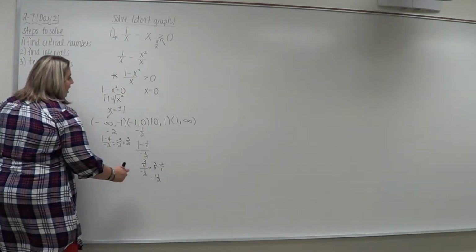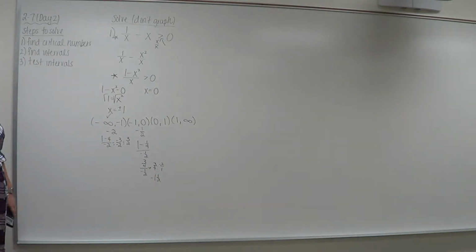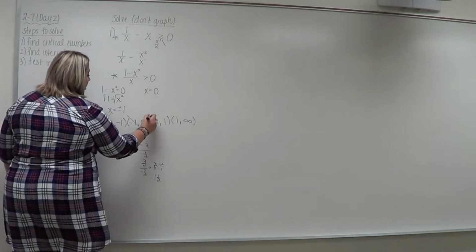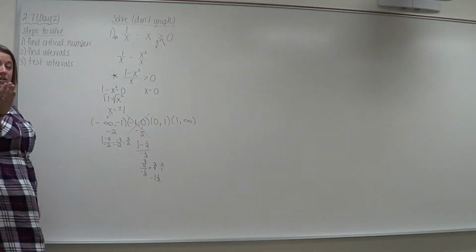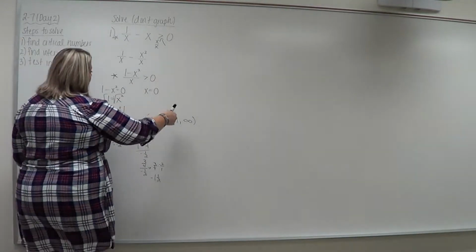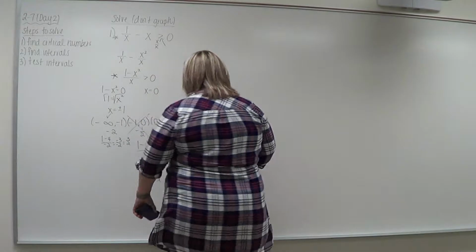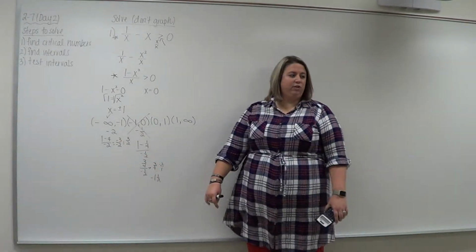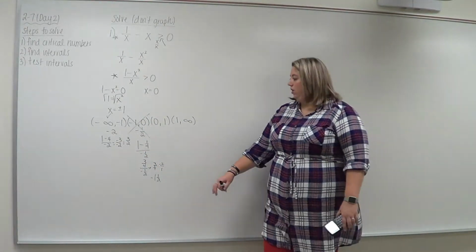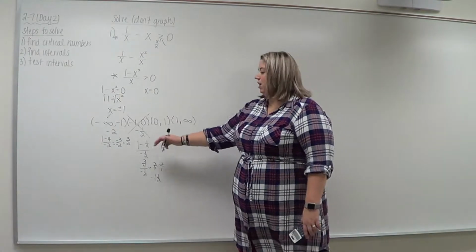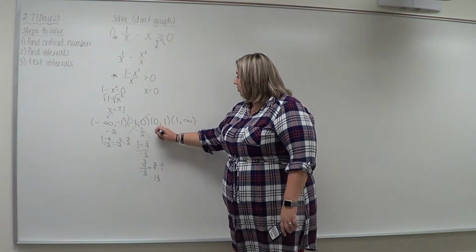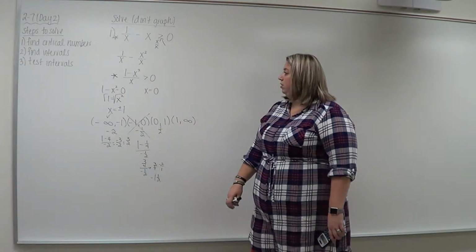Is negative 1.5 greater than 0? No, this one doesn't work. Just like with Friday, most of the time, it's every other one. Not guaranteed, but most of the time. And you don't have to show your work on plugging it in. I know most of you are just going to use a calculator. I have to do this because I can't do it all in my head.